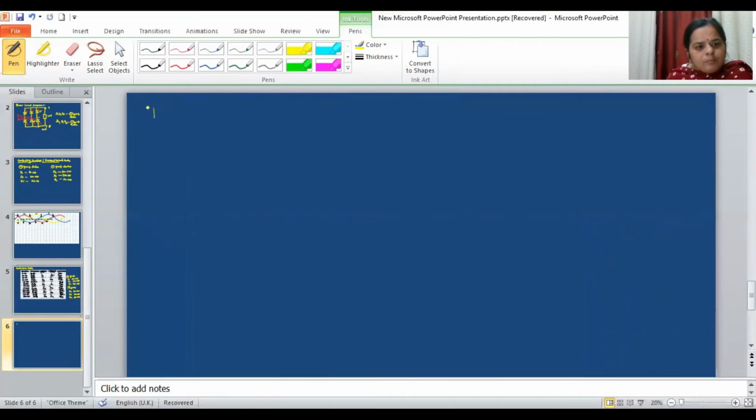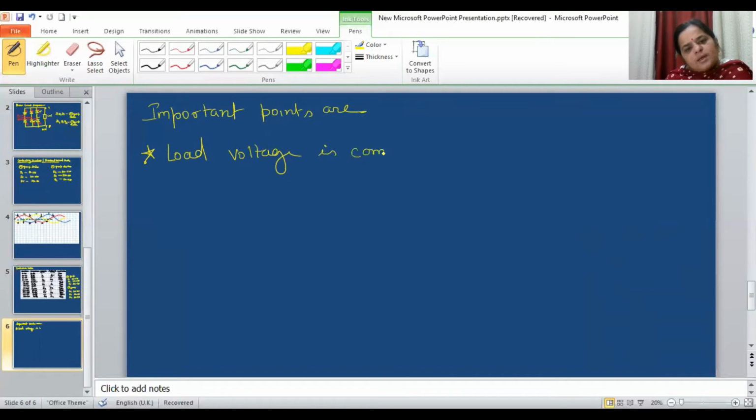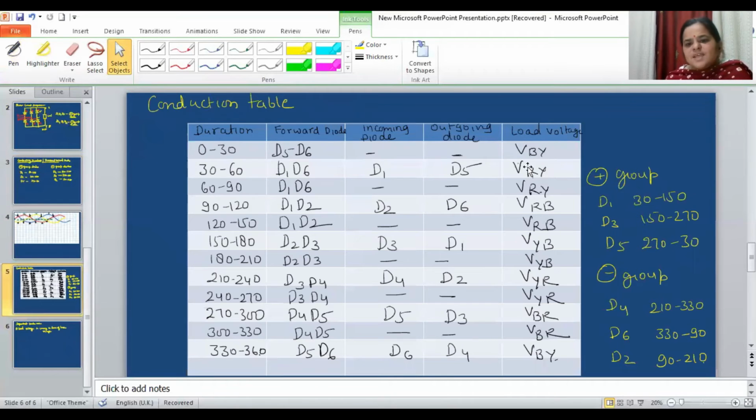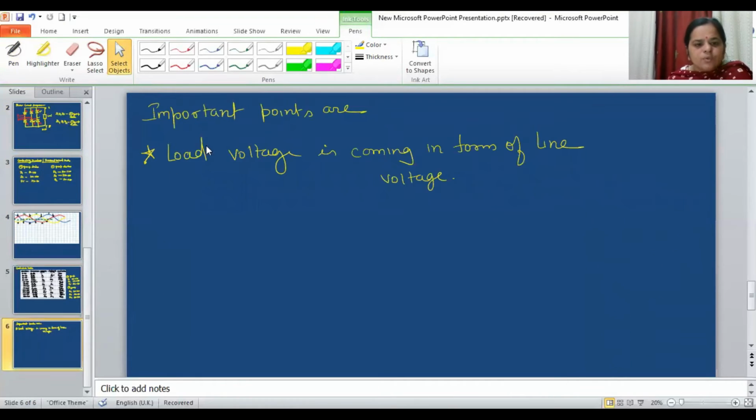The important points are, first, the load voltage is coming in the form of line voltage. Why? Because you can see VBY, VRY, these are all line voltages.